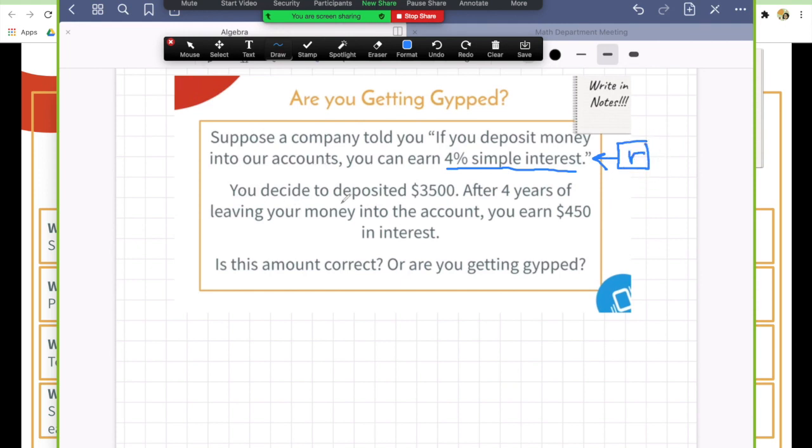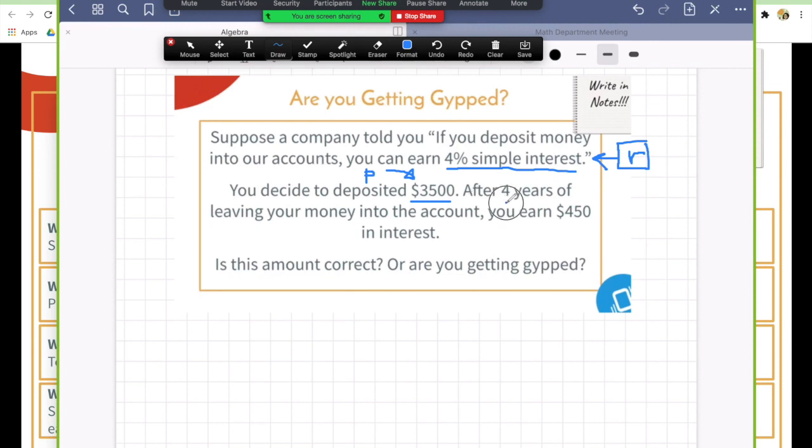And then it says here you deposited $3,500. So what would this $3,500 represent? This should represent your P, and the reason why is because it's the first amount that you deposited into your account.